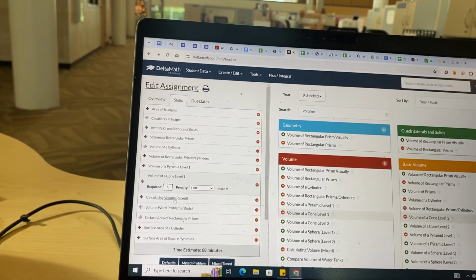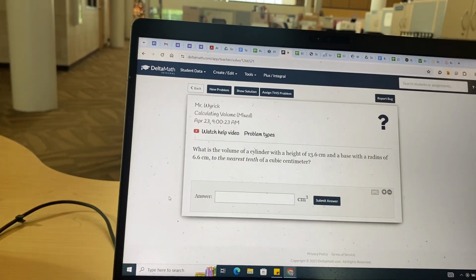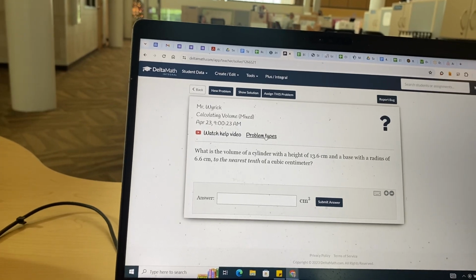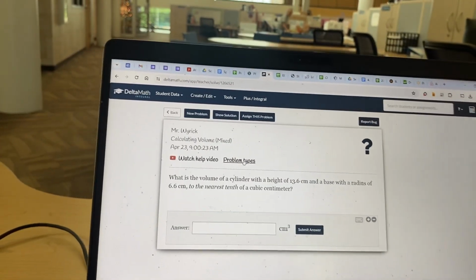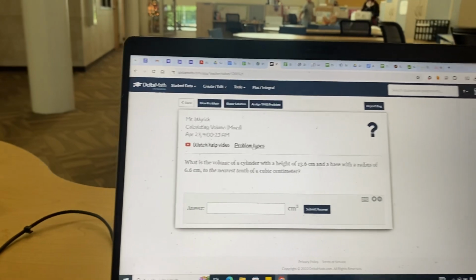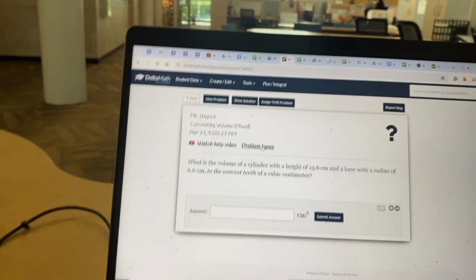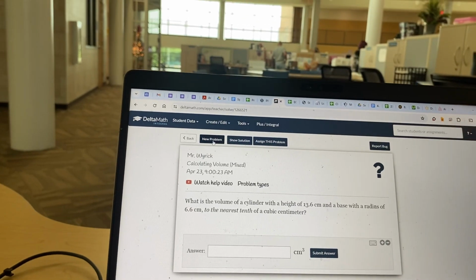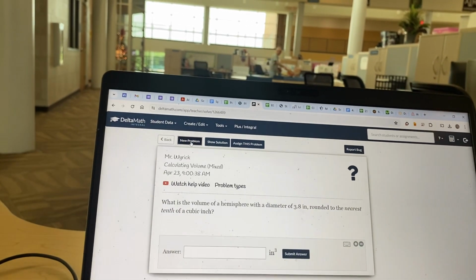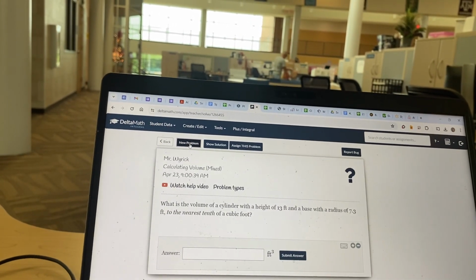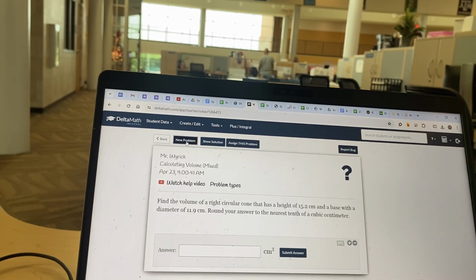The calculating volume mixed, we took out, I think, for the test, the problem types that are spheres, but I think they might still be on here. Just ask if you need the formula for it. But the cylinders is still on here. There's a sphere, there's a hemisphere, cylinder again, right circular cone.